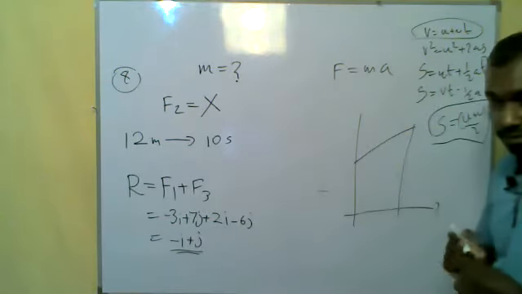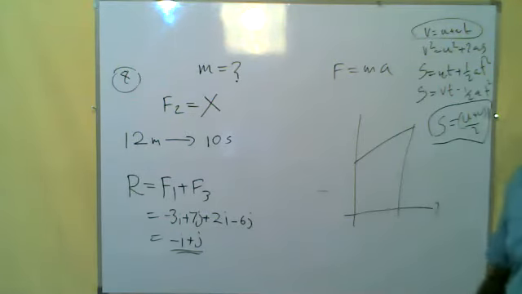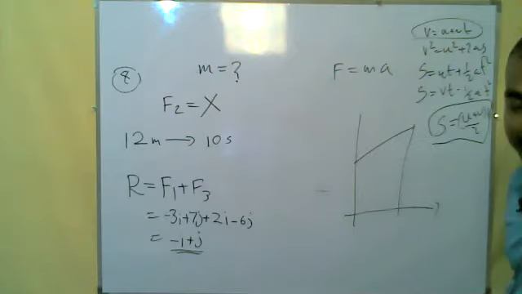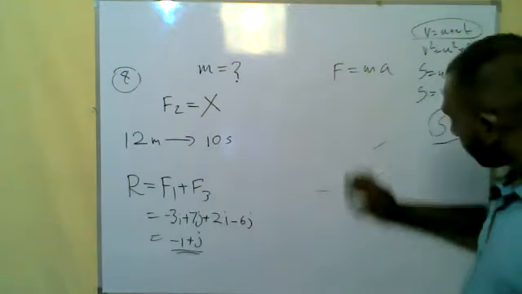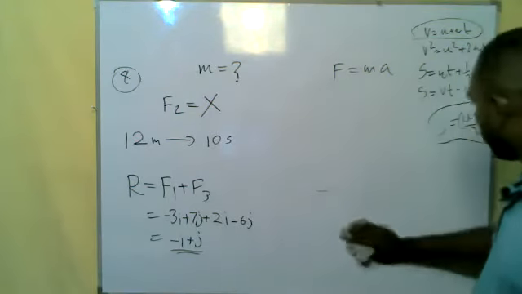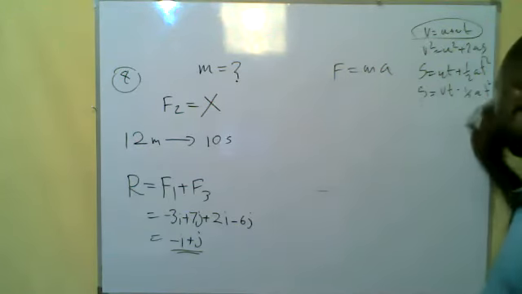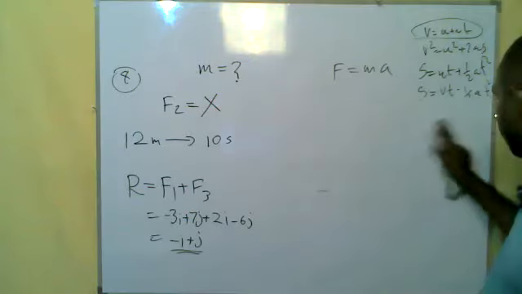So if you are not familiar with what I am telling, the best advice is that you should go through the beginning of lesson number 2 again and try to revise these things.